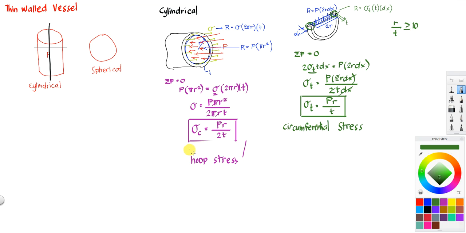Okay, ito ang tawag natin dito is longitudinal. Longitudinal, baliktad eh. Longitudinal stress. Baliktad. Or hoop stress. Okay? Yan. Sige po. Kopya muna.